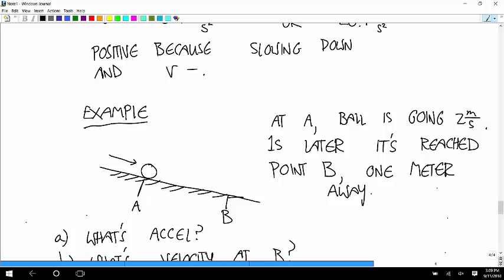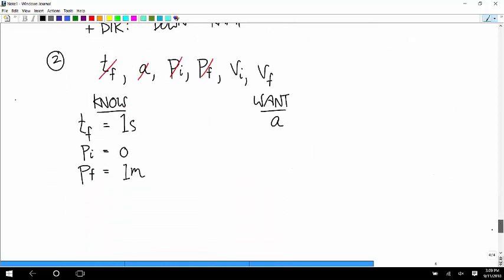You just take the speed and tack on the sign depending on which direction it's going. So initial velocity is 2 meters per second. And then do we know final velocity? No, we do want to find that, but let's worry about that next. Okay. So for this part of the problem, we'll say we don't care about that. All we care about at first is calculating the acceleration.